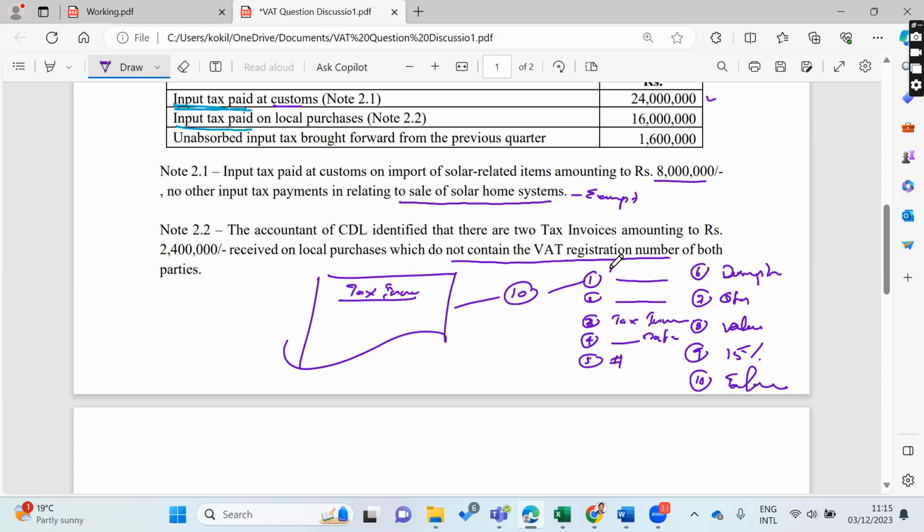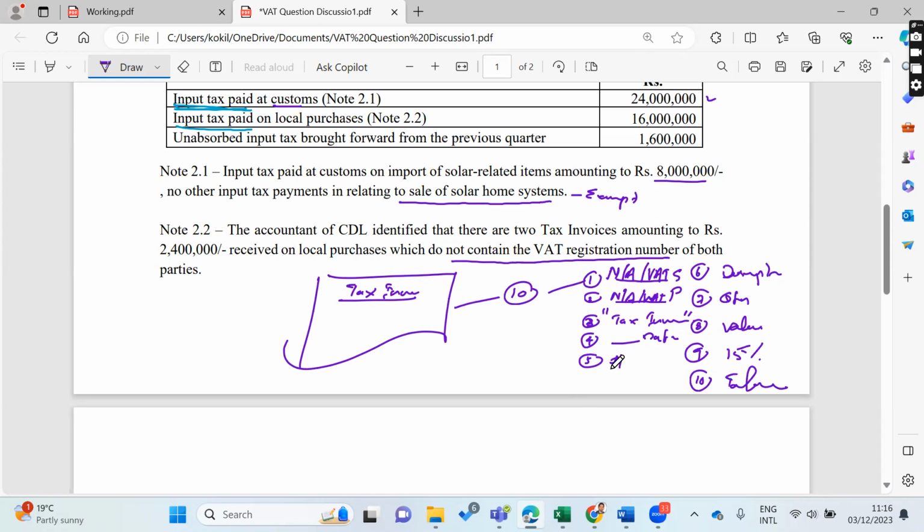Here, the name, address, and VAT number of the supplier. Here, the name, address, and VAT number of the purchaser, right? Then the tax invoice in a prominent place, it should be declared as tax invoice, right?